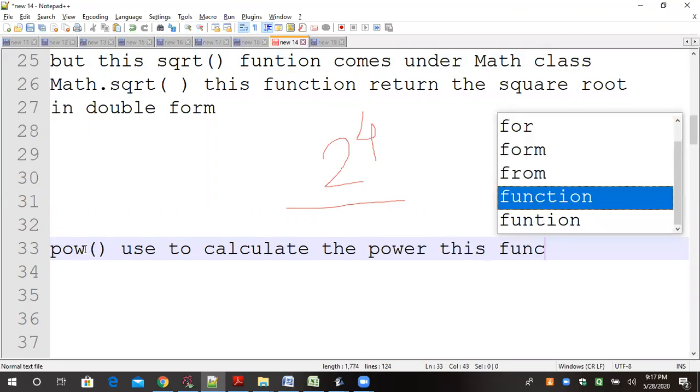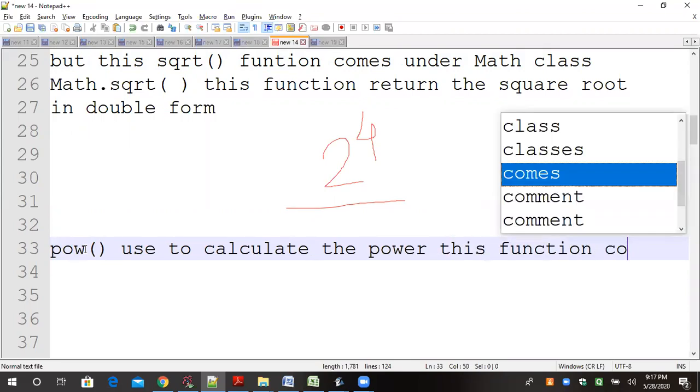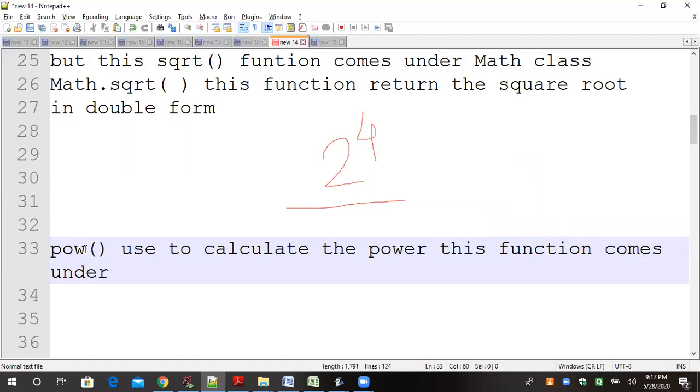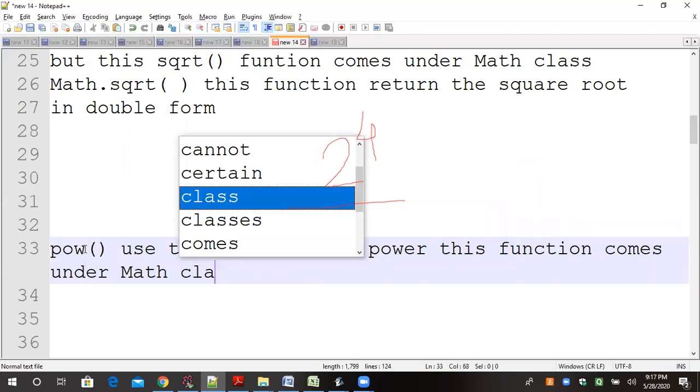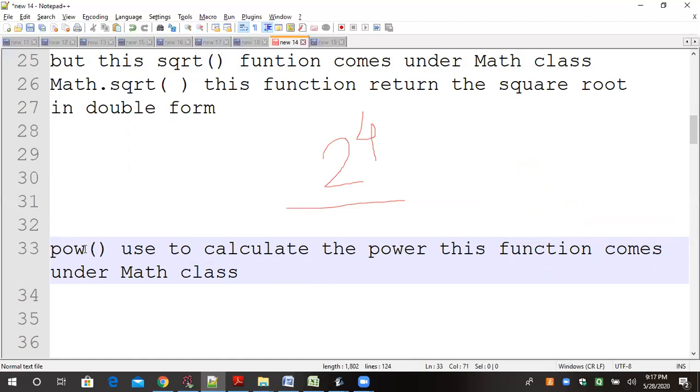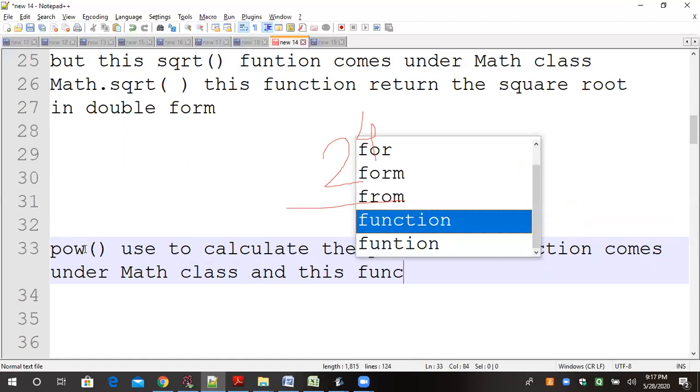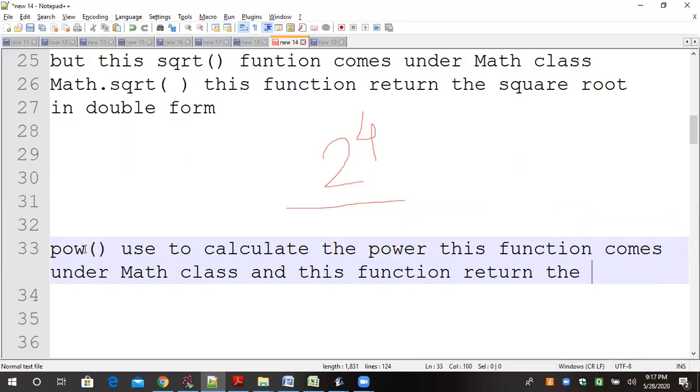This function comes under which class? Math class. And this function returns the double type value. So you have to be very careful while taking the result into a variable. So you have to mention that variable in a double type.